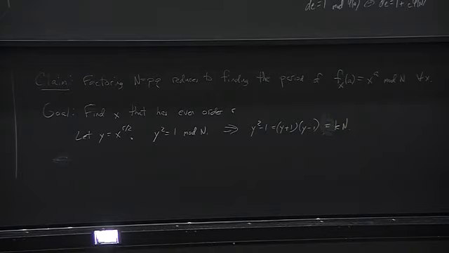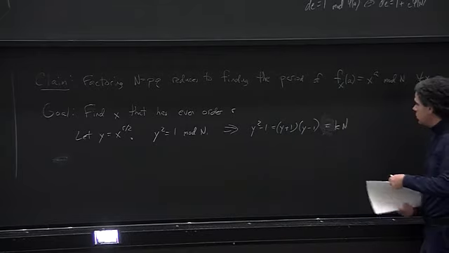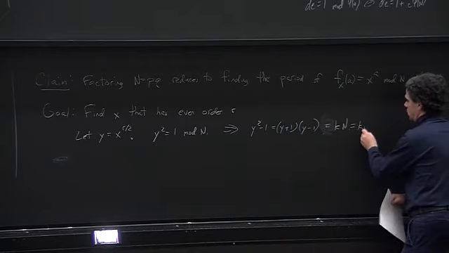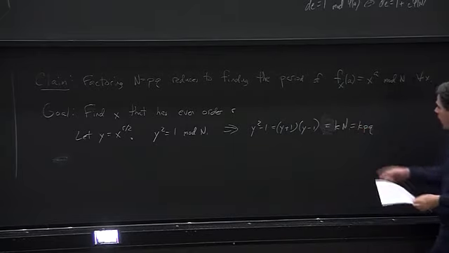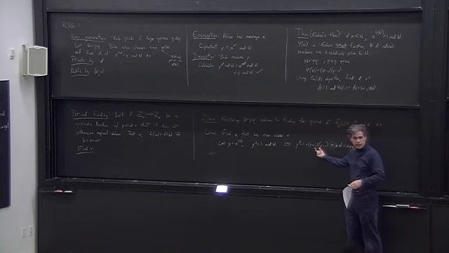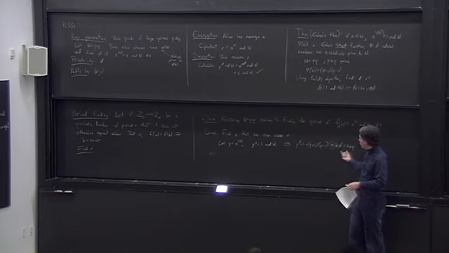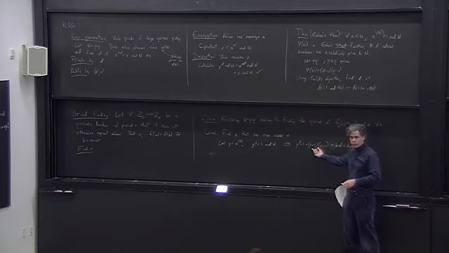So why is that useful? Well, N, remember, is P times Q, and P and Q are prime. So there's a few possibilities. They have to divide somehow into these things.